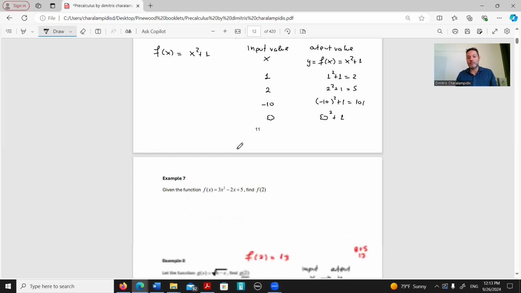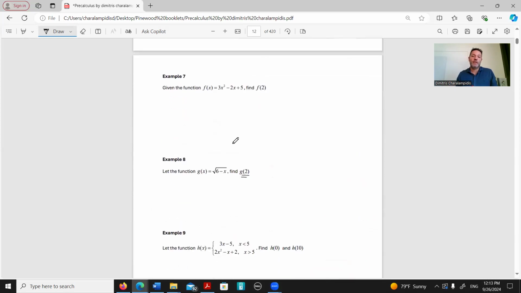Let's work together some examples to get used to it. Given the function f of x equals 3x squared minus 2x plus 5, find f of 2. Let's see what we can get from this. First of all, the input value is the x. The output value, which is the y, another name for the y is f of x, and this is provided by 3x squared minus 2x plus 5.